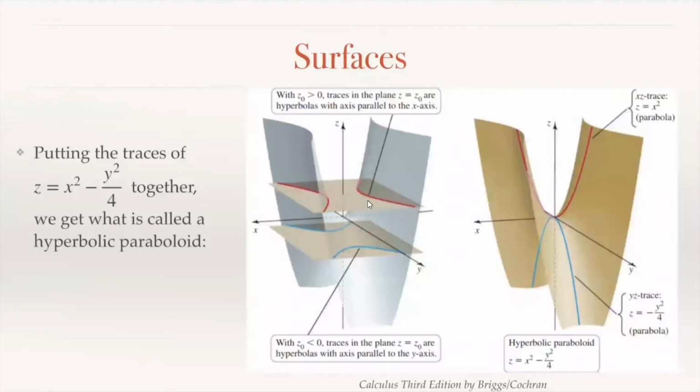Okay, and we know that we have parabolas both on the yz plane and on the xz plane. So putting the pieces together, we arrive at this shape. We'll call it a hyperbolic paraboloid. Again, I'll go over all of these names near the end.